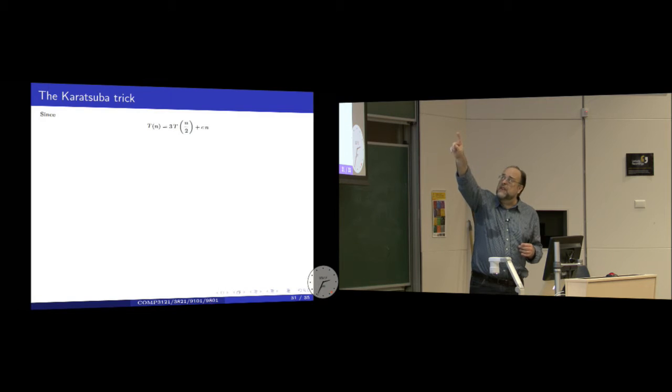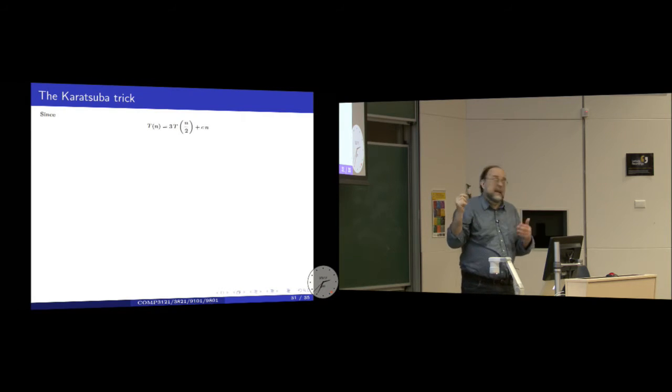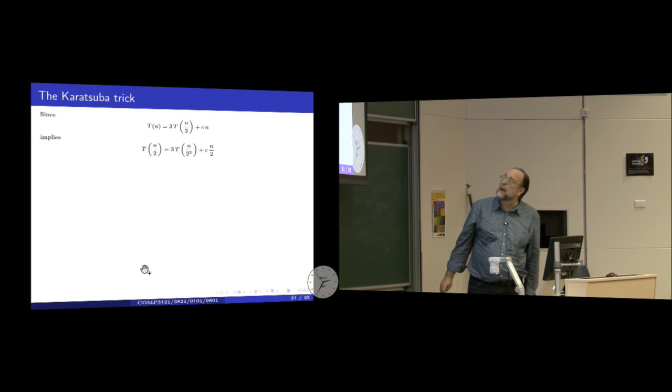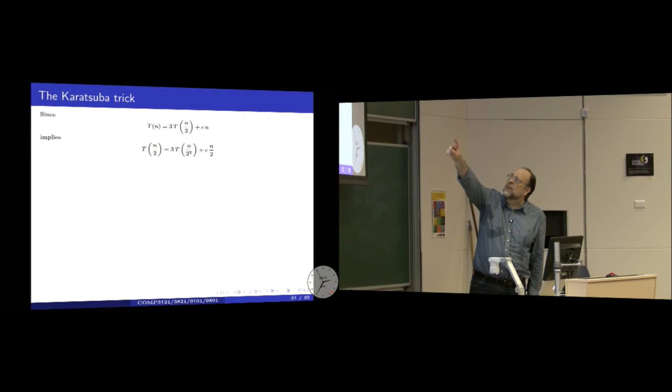If T(n) is equal to 3 times T(n/2) plus cn, then I can also express T(n/2) in terms of what? N over 4, exactly. So I can unwind my recurrence.